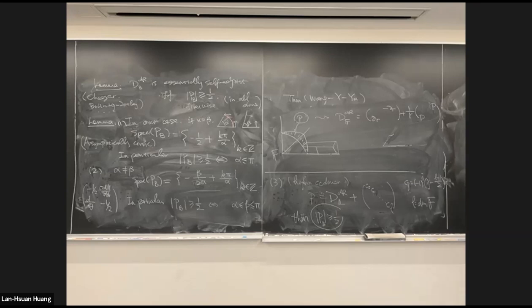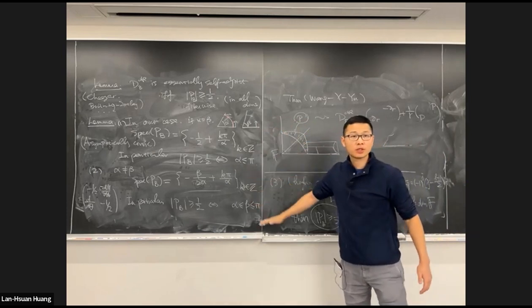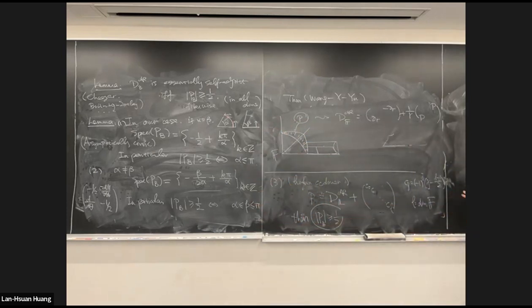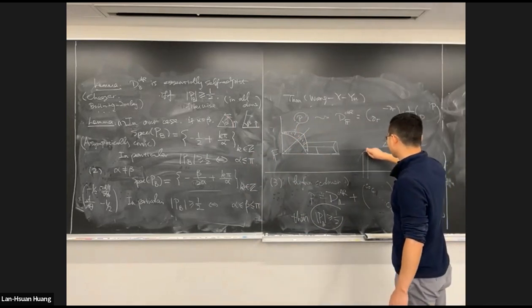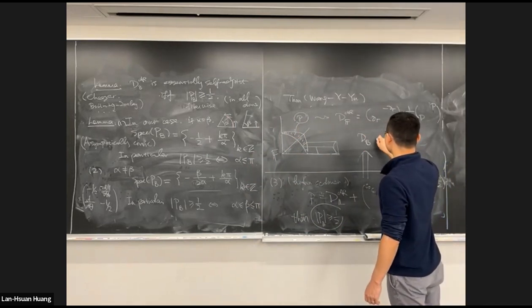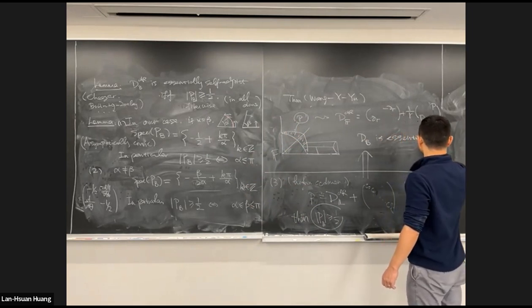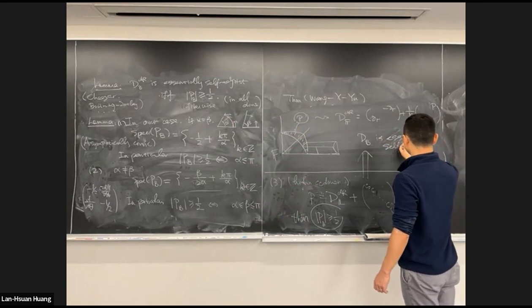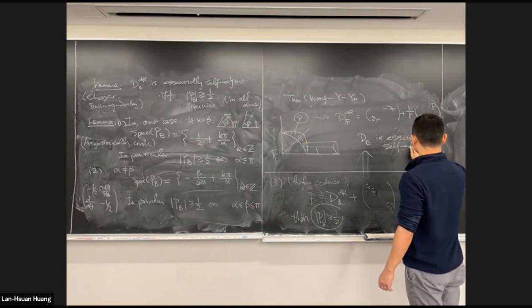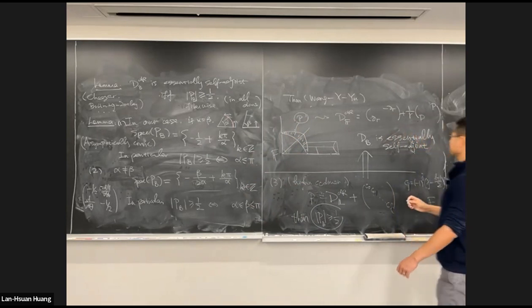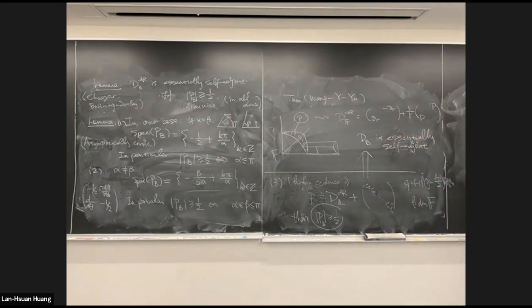So after these three steps, that's essentially it. This proves the essential self-adjointness altogether, which implies that D_B, the original operator, is essentially self-adjoint.